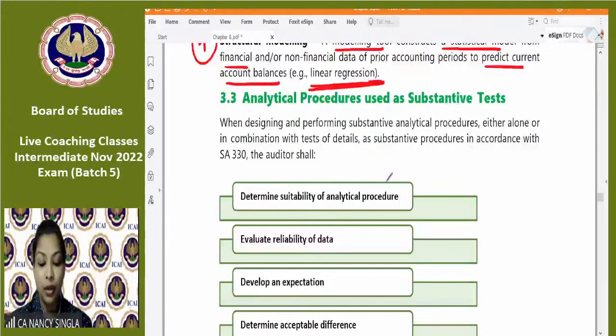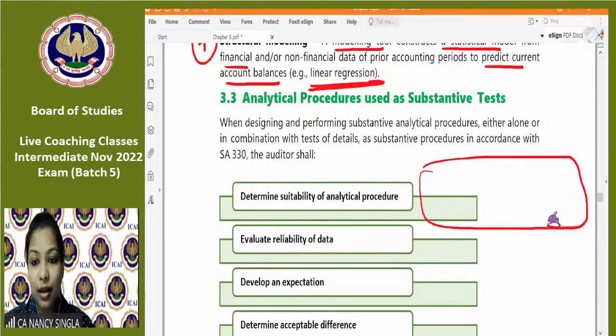See, one of the best ways, when you understand a topic now, just today you have this session whereby we would complete chapter number 8. Read it today itself from the module in entirety. Wherever you feel, ma'am focused on this word, these are the keywords, highlight them. Wherever you feel you need to make a summary, like here it is determine suitability of analytical procedure, there is a space here, you can write in short what the keywords are here. You need to follow these techniques.